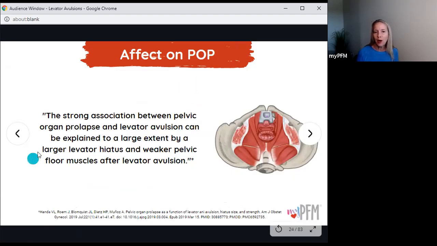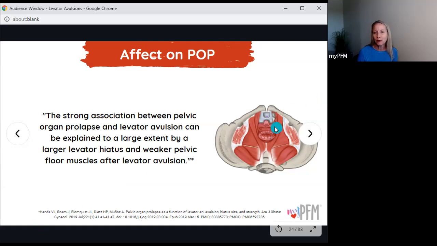So the effect on POP, pelvic organ prolapse. The strong association between pelvic organ prolapse and levator avulsion can be explained to a large extent by a larger levator hiatus and weaker pelvic floor muscles after levator avulsion.